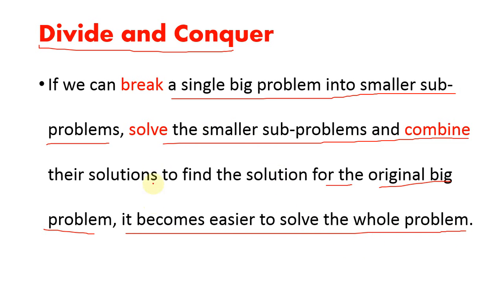The intent of this paragraph on the divide and conquer method is this: if a problem is big, say a large program of 100 or 1000 lines, it is difficult to debug, difficult to execute, or difficult to maintain.